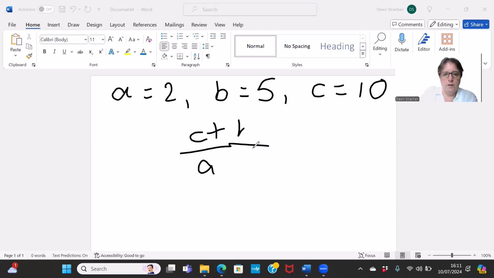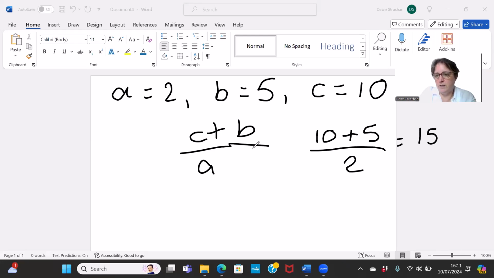Okay, so now if I've got c plus b, so 10 plus 5, divided by 2, which gives me 15 divided by 2, which equals 7.5. So it's literally just a case of swapping the letter that they've given you for the number.